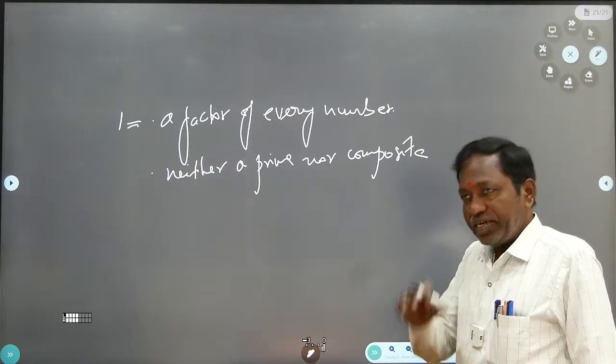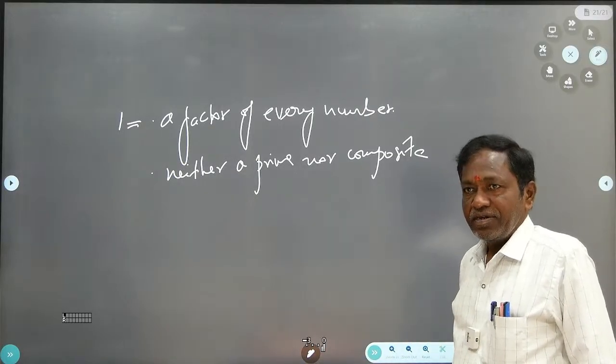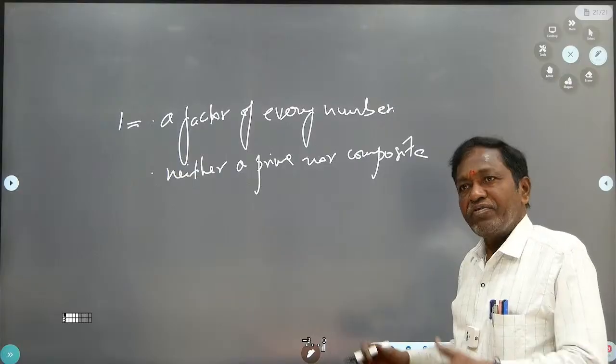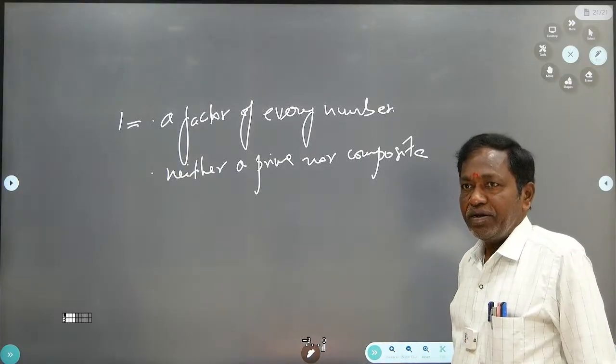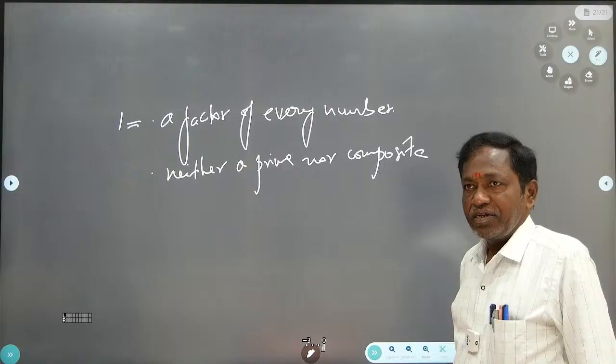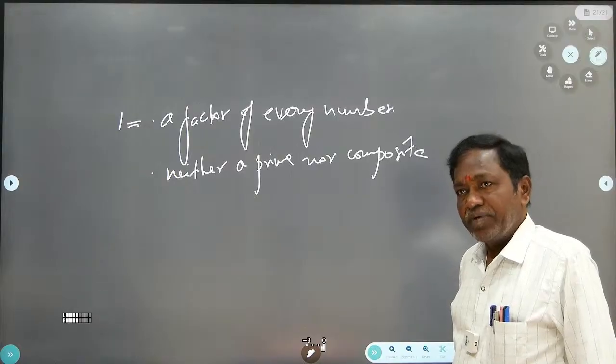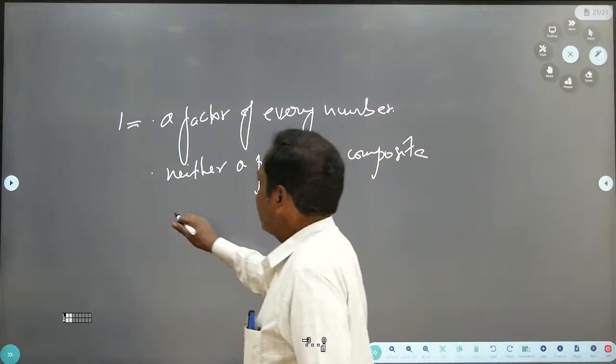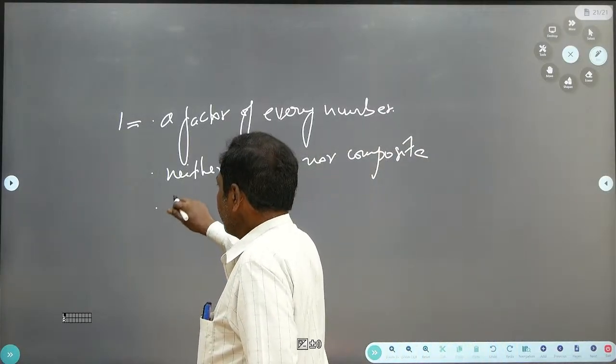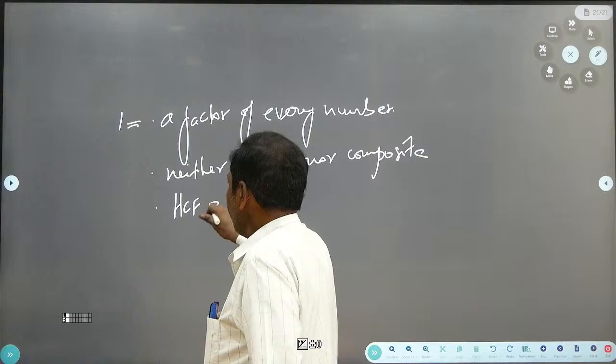Next, if you write in the number system, every number belongs to prime or composite, except 1. Also, 1 is the HCF of itself.